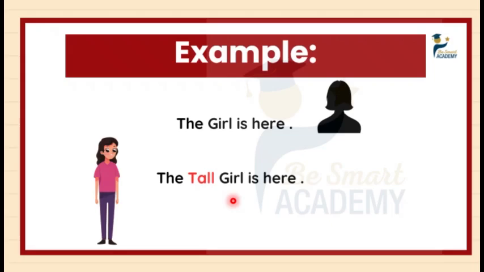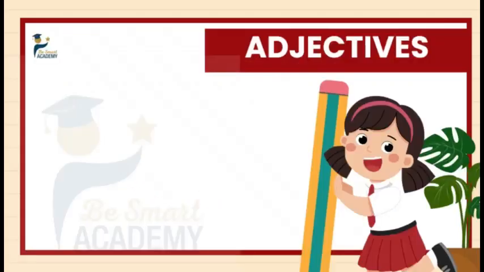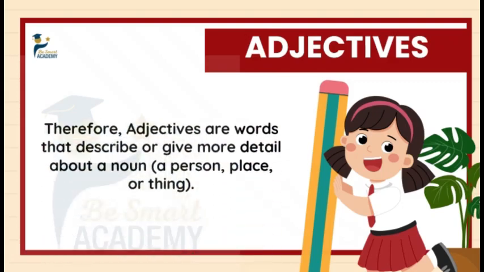We are describing this girl using this word. The word tall is a descriptive word. So we're saying that the girl is tall. Very good. So what do we understand from that? Therefore, adjectives are words that describe or give more detail about a noun. And this noun could be a person, place, or thing.